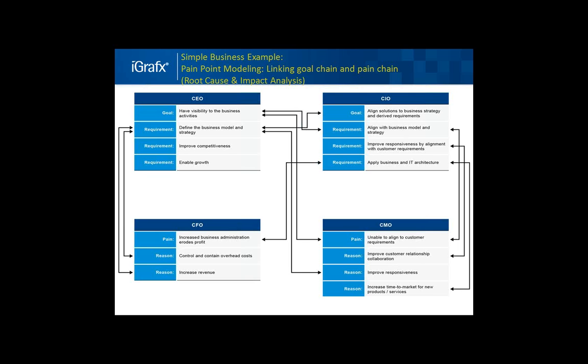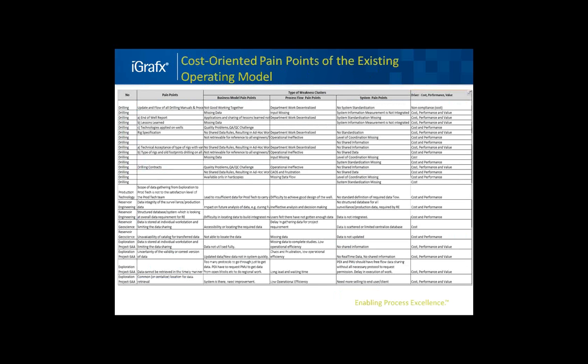The financial problems we showed you, or the financial lack of standardization and the financial challenges within the scorecards, information and data between the systems, had these problems. This is the cost-oriented pain points, then drilling, in the production technology, reservoir engineering, reservoir geoscience, etc. You see the idea. So this is the cost-oriented pain points that couldn't be tracked.